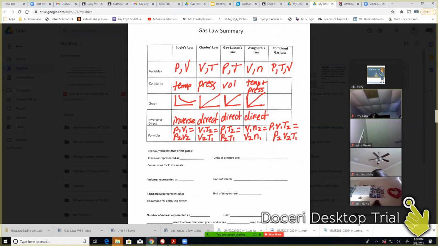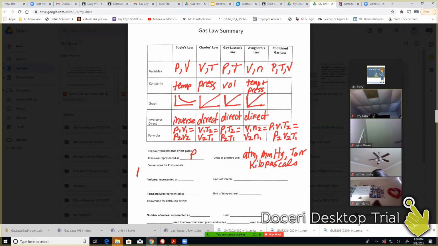So we're going to look at our four variables. The pressure is represented by P. We know units can be atm, millimeters of mercury, torr, kilopascals, kPa. I didn't have to write that all the way out. So our conversions, these are straight off your pink sheet.